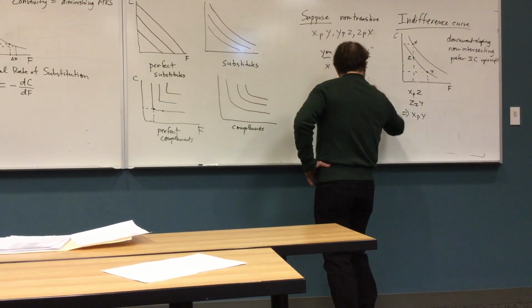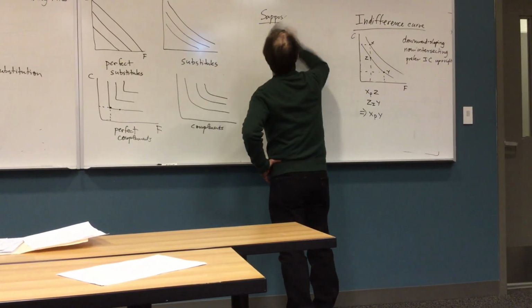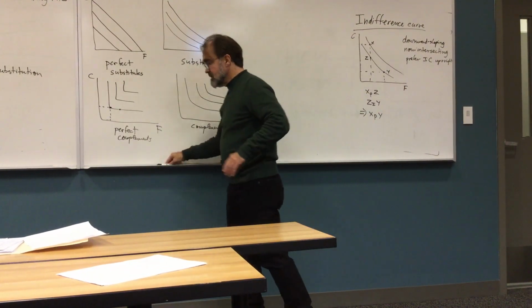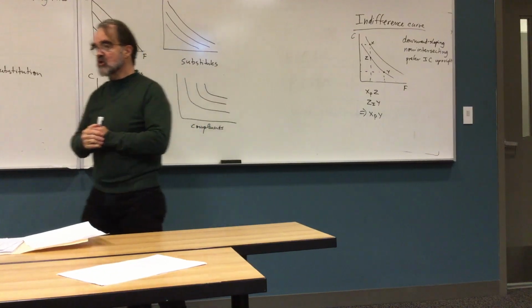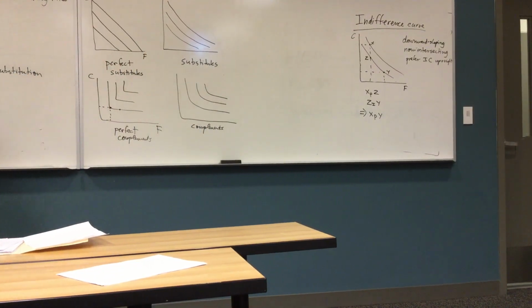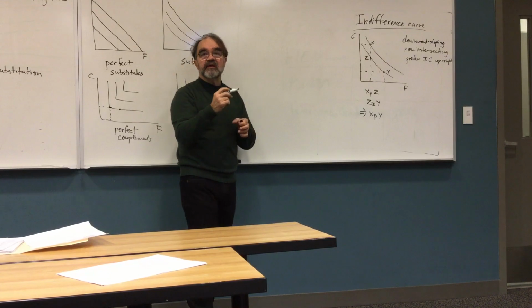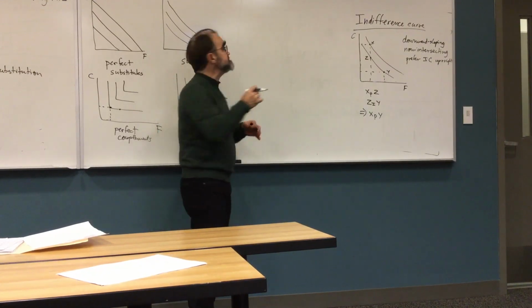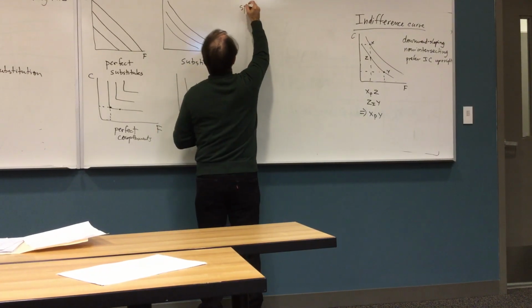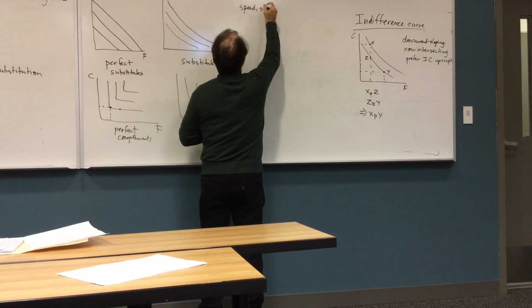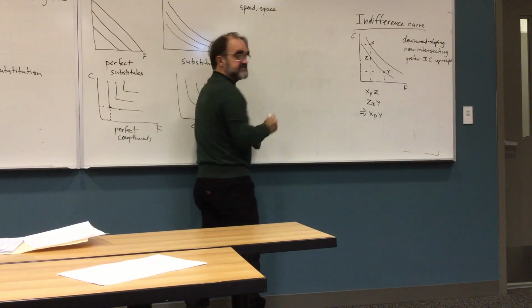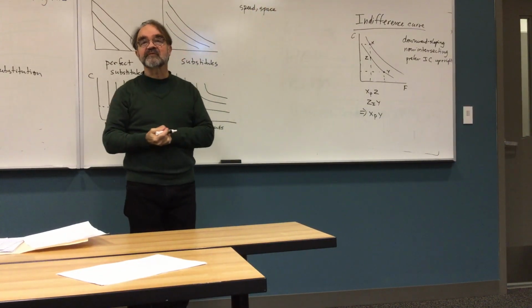Let me give you a nice example that I liked from your textbook, where we're considering not two different goods, but two different attributes of a particular good. Cars have, say, two characteristics: speed and space.